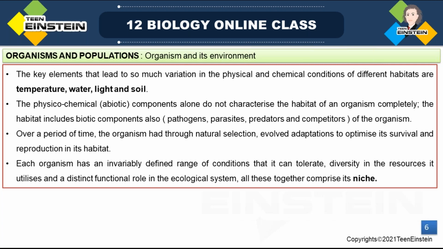See, survival of the fittest comes here. The fittest organisms will survive, and the remaining ones will die. So the organism can survive when it gets adapted to that condition, right? And after getting adapted, they reproduce, and that forms a separate habitat.